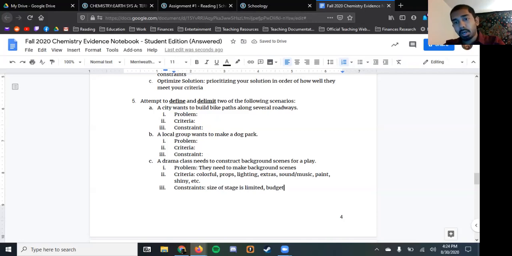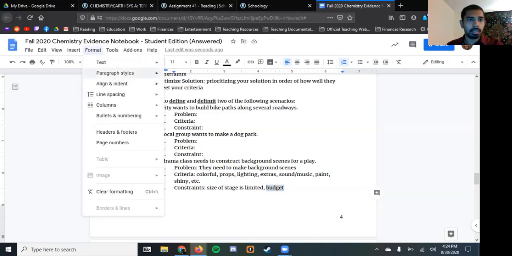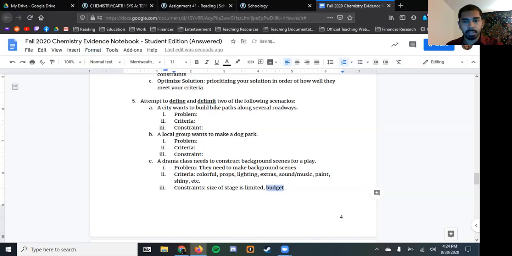Now, budget is always something that applies to pretty much all problems. Budget, if you're not a major world government, is something that you're always going to be thinking of. And so because of that, I don't want you guys to be thinking of budget as a singular thing, right? So instead of doing that, strike that through, I want you to think of budget in terms of what do you use the budget for?